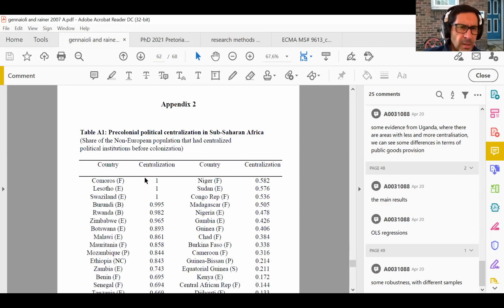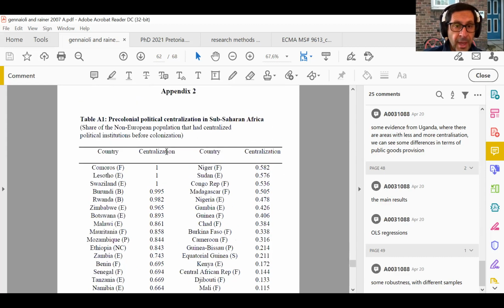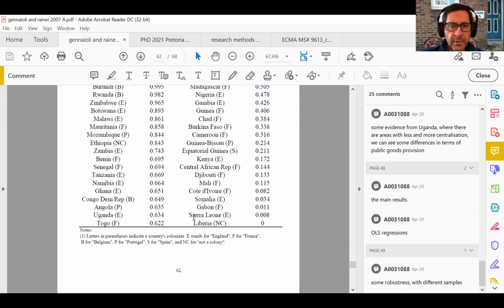You can see that, and then Appendix 2, precolonial politics in Sub-Saharan Africa. Here they show the actual variables, the index. You can see Comoros, Lesotho, and Swaziland as the most politically centralized areas, and for instance, Liberia and Sierra Leone as the most fragmented ones.